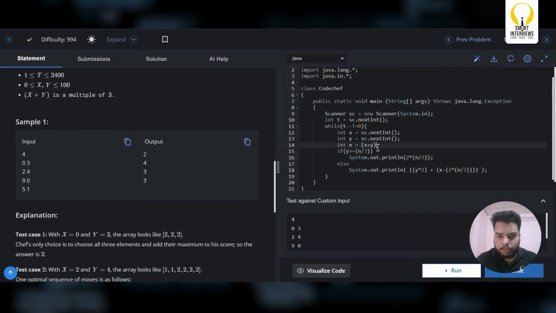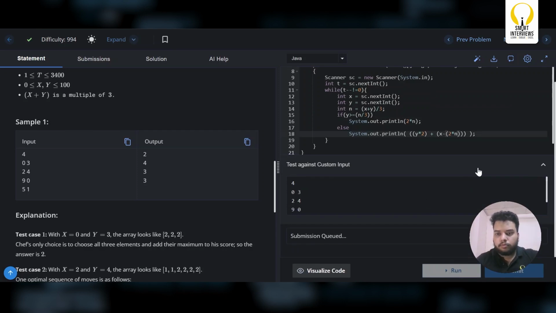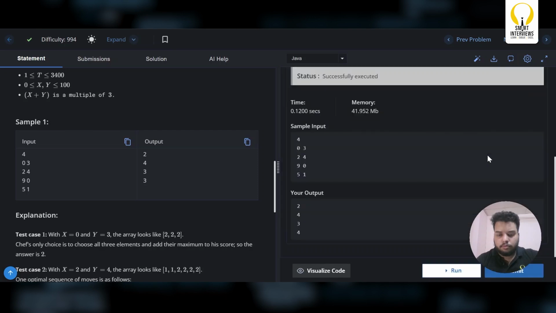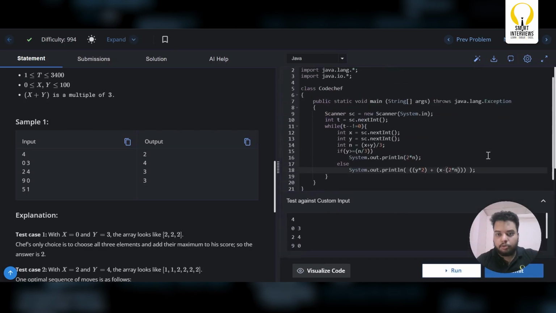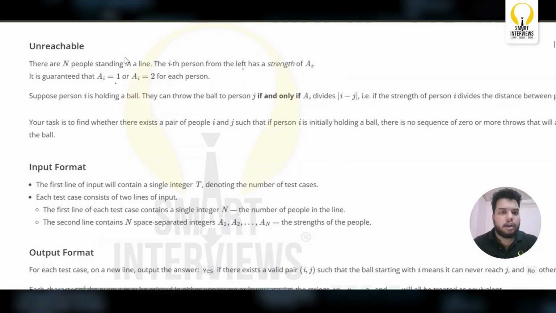So if I'm doing by 3 here, it makes my equations look more simple. Yeah, it works.